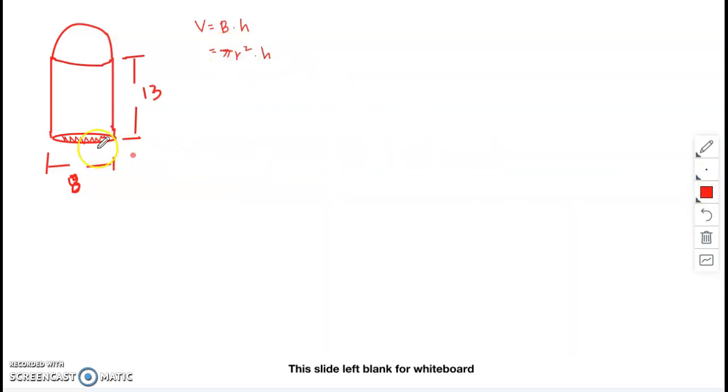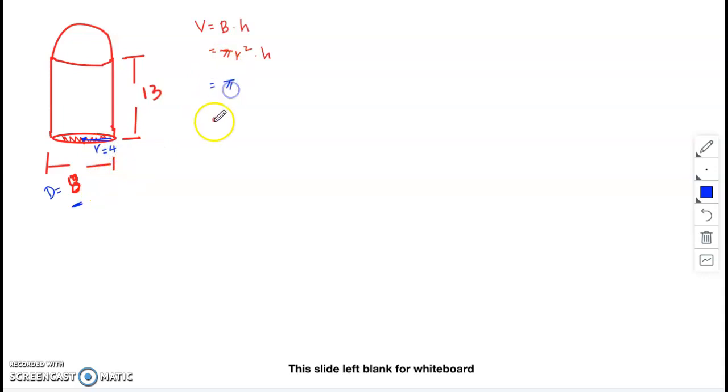To find the area of the bottom, which is your base, that's a circle. I need the radius. They give me this dimension, but this is going from one side to the other side. So this is a diameter. From the middle, it will be the radius, which is half of this, and my radius is 4.